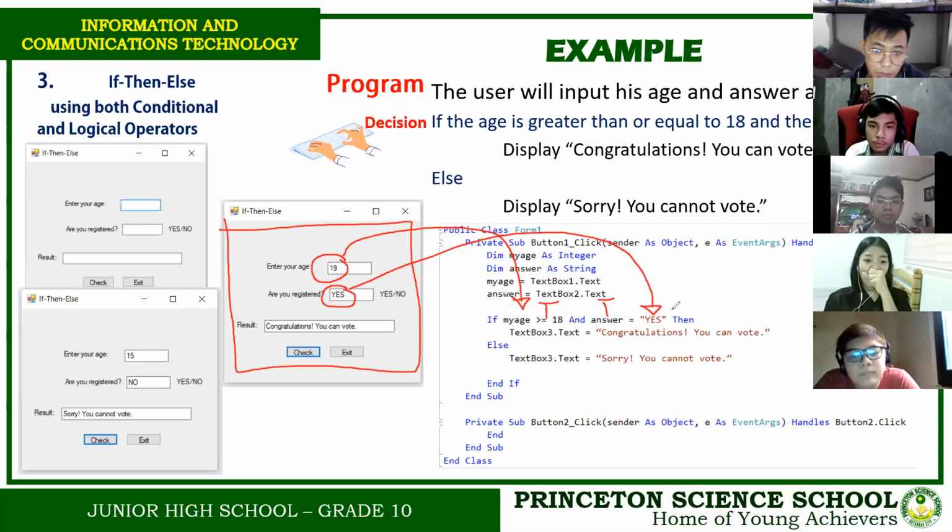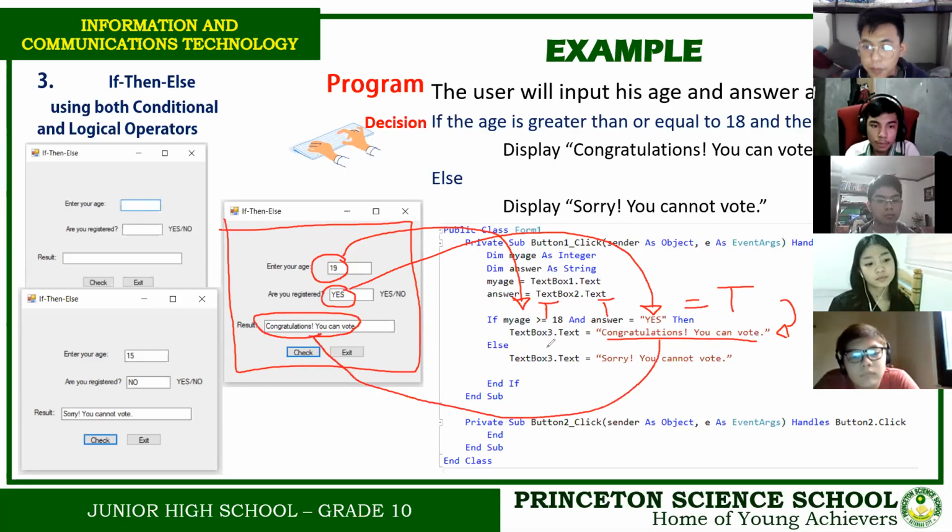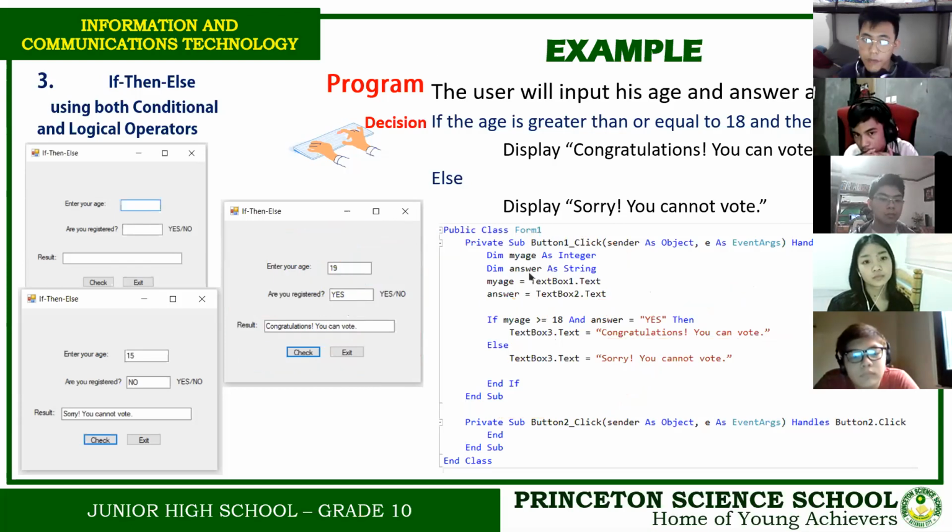So both statements are true, meaning the answer is going to be true. Thus, our output is going to be congratulations, you can vote, which is right here. Okay, so that is how we are constructing our if then else using both conditional and logical operators. Any questions? That was for our last activity.